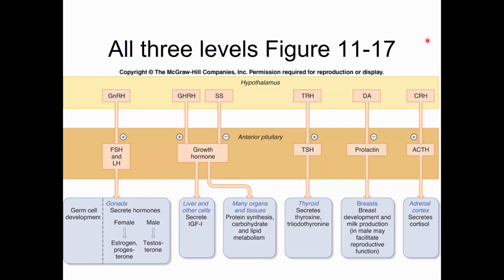So here's a picture from your textbook showing you all three layers. Gonadotropin releasing hormone causing the release of FSH and LH, going to the gonads for gamete development and male and female hormones. We will have a lecture on female hormones, we'll have a lecture on male hormones, and so you will learn this system very well.